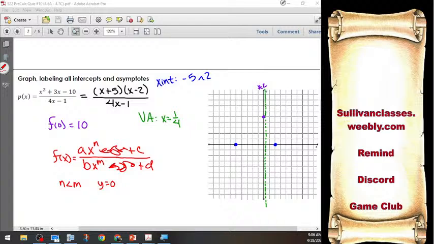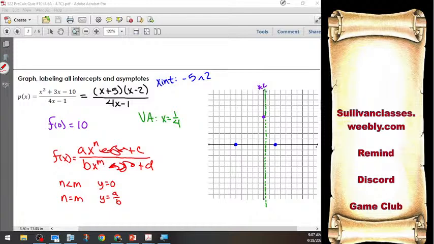Now that happens because if I tried to take this function divided by that function, it goes in 0 times. If n equals m, what happens when I try to take 5x to the third divided by 2x to the third? You get 5 halves. So I'm constantly doing that dividing thing, and that's why when they're the same, I get y equals the leading coefficients.